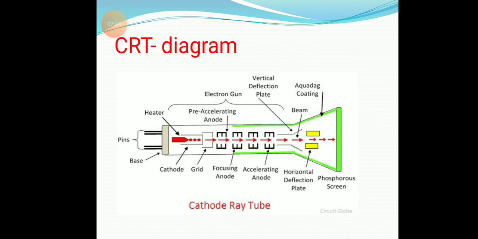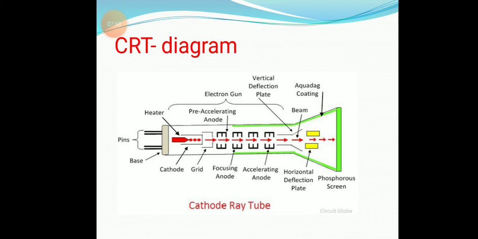Second point, the electrons emitted from a cathode gun are randomly scattered. To control the scattering, a control grid is used. The control grid is cylindrical in nature. Next point, it is made from a nickel material. The grid is at negative bias.